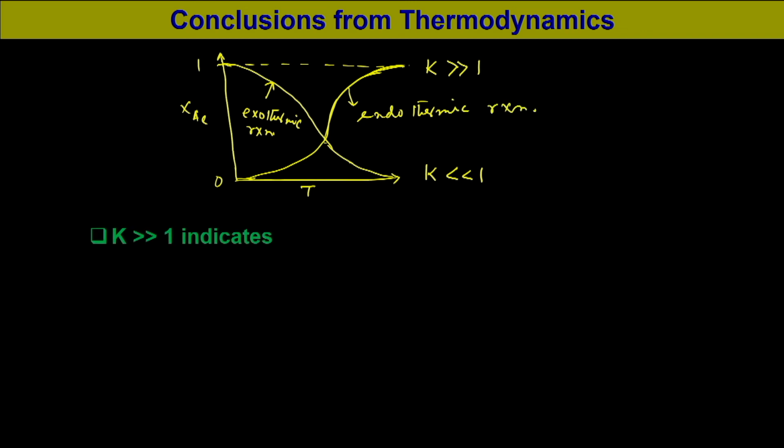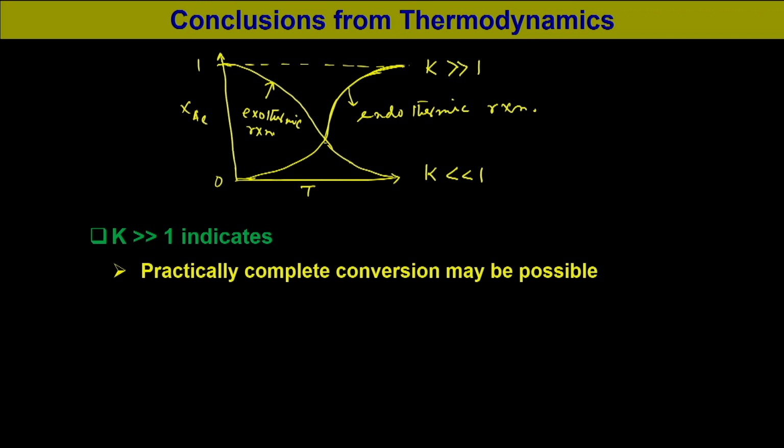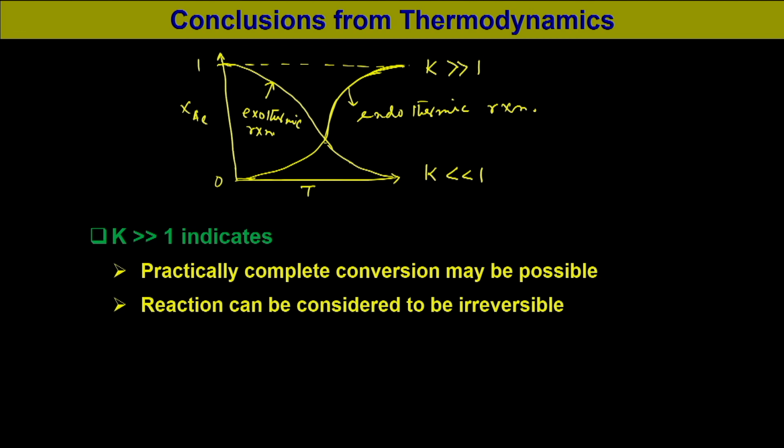So, K very greater than 1 indicates that practically complete conversion may be possible and reaction can be considered to be irreversible.